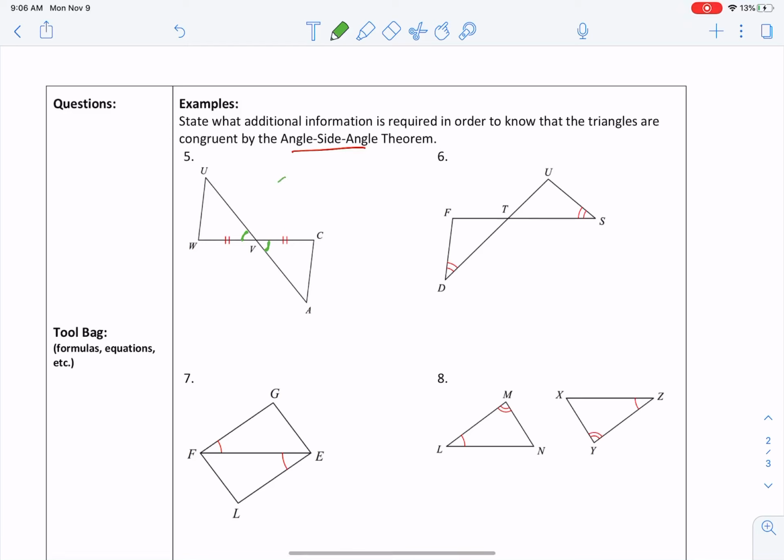So I need to know that angle UVW is congruent to angle ABC, and then I need to know that angle W is congruent to angle C. If I have that information, then I can use angle, side, angle.